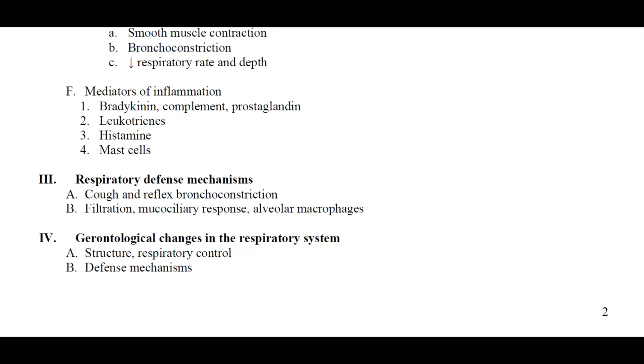Leukotrienes are synthesized in the leukocytes or WBCs. They're responsible for tightening airway muscles, and they also cause the production of mucus and fluid. Histamine is released after an injury, or a lot of times an allergic reaction, as part of the immune response. It is the mediator of itching. Depending on what system we're talking about, histamine has different effects.